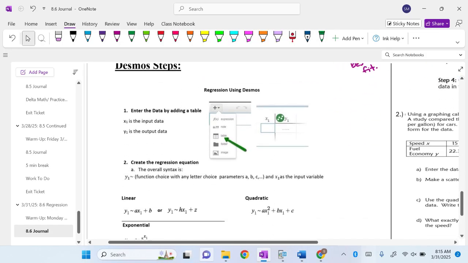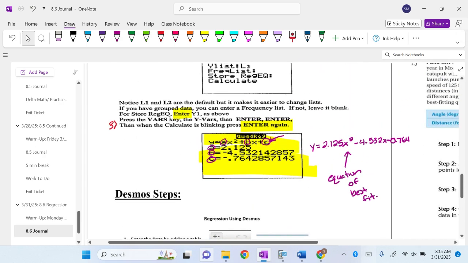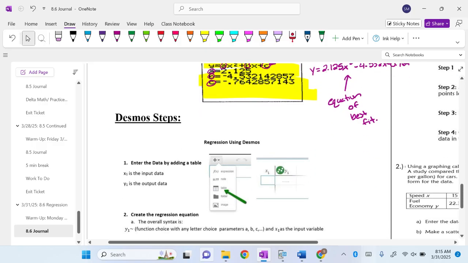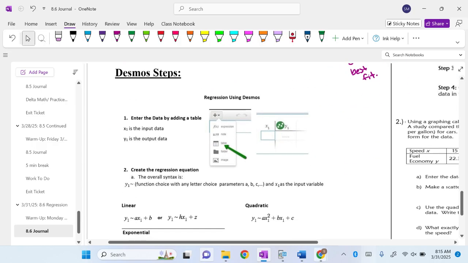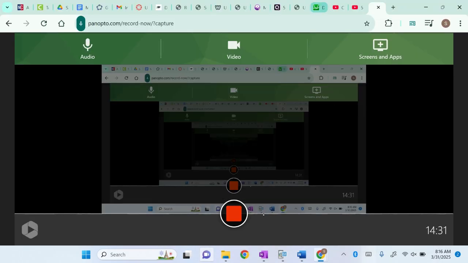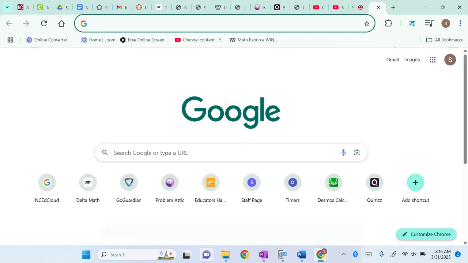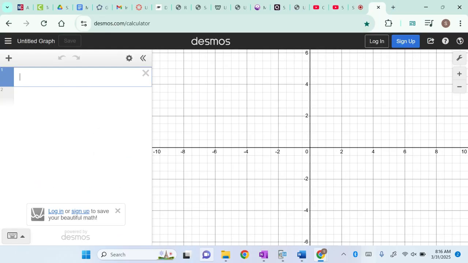Now, for a lot of you, Desmos might be the easier one. So let's do that same table, but in Desmos. So pull up Desmos. So if I have Desmos pulled up, does everyone have Desmos pulled up?